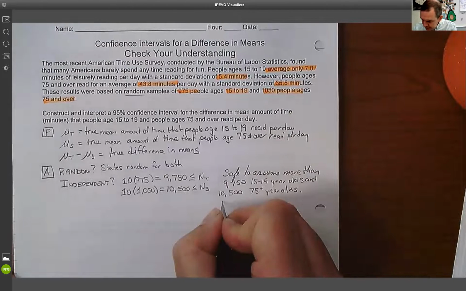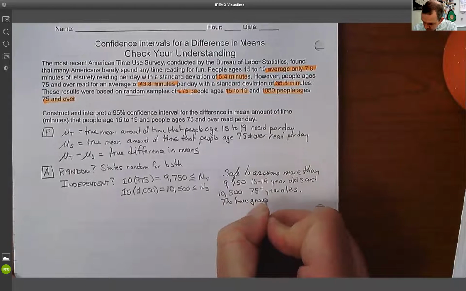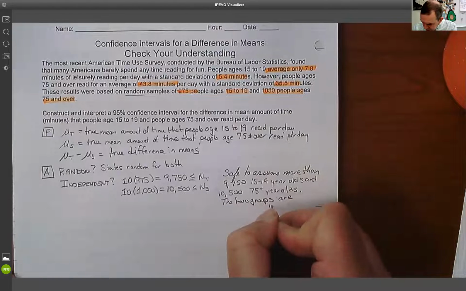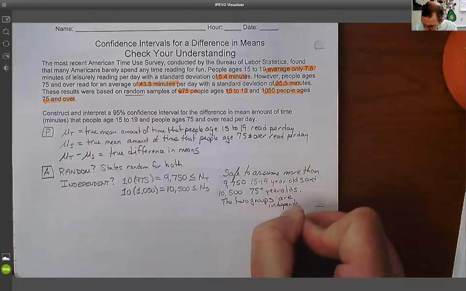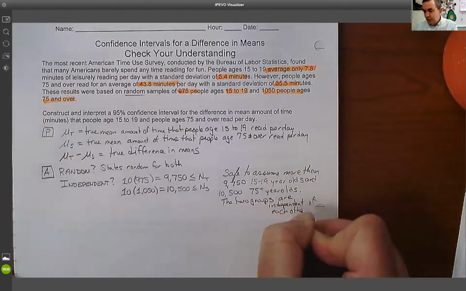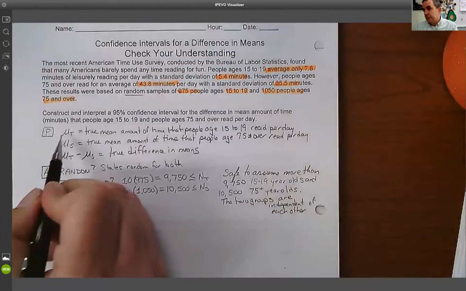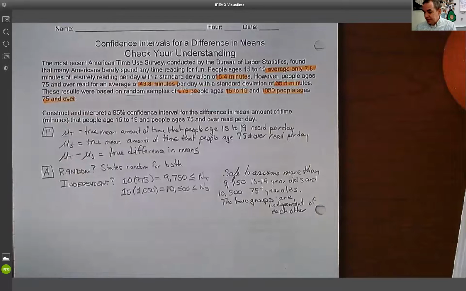We can also say the two groups are independent of each other. So far it's pretty much just like we did in proportions, except we have the new symbol. We're using mu instead of p, but the checks are the same.